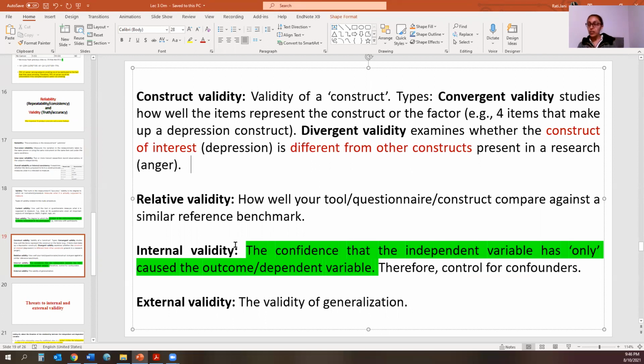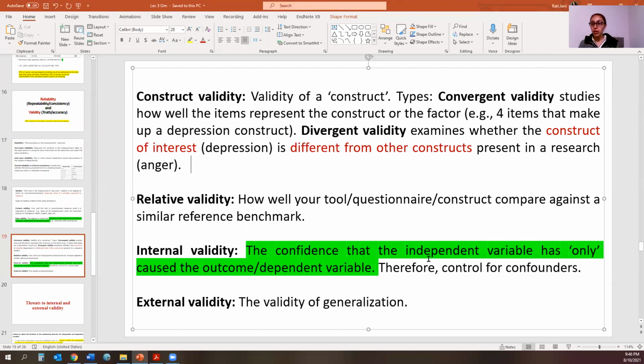Okay, so this is where the internal validity concept comes into place again. Meaning I want to be confident in saying that the mom's anemia has decreased because of my organic iron supplementation. All right, not because of other factors.